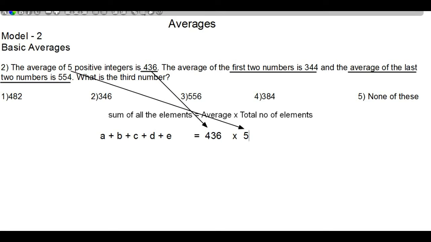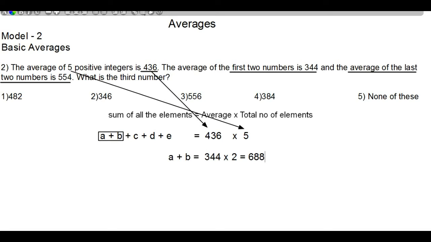We then know that the average of first 2 numbers is 344. Let us assume the first 2 numbers are A and B. The sum of A and B should be average 344 into the number of elements, that is 2, which is equal to 688.